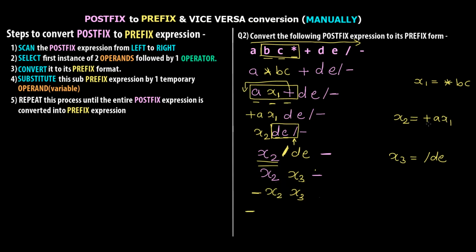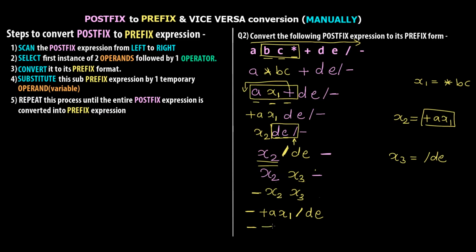What is x2's value? It is plus A x1. So I'm gonna write plus A x1. What is x3's value? x3's value is divide by D and E. We still have one temporary variable left, that is x1. So x1 is star BC. So let's resubstitute back x1. So everything else stays as it is.